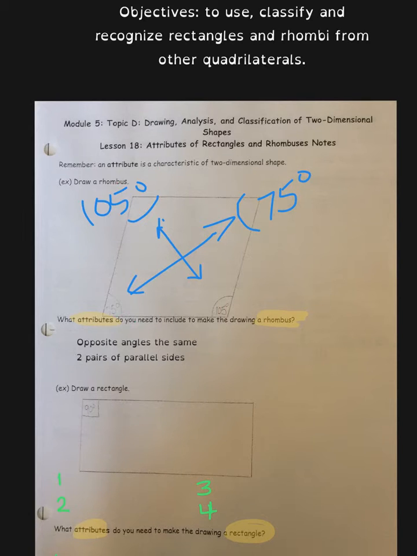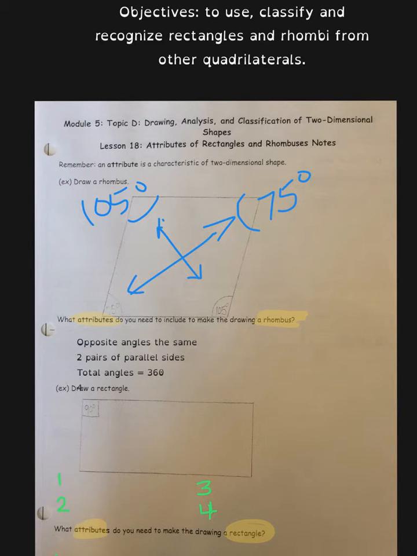We also have total angles equal 360 degrees. But also, all four sides have the same length. So that's the key that makes this a rhombus.